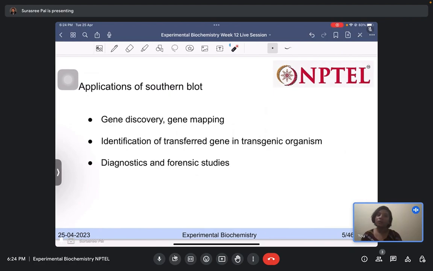Then we can confirm that yes, this gene has been transferred in the transgenic organism, which is why the probe has hybridized to it and we got a signal, right? And there are also immense applications of Southern blot in diagnostics and in forensic studies.